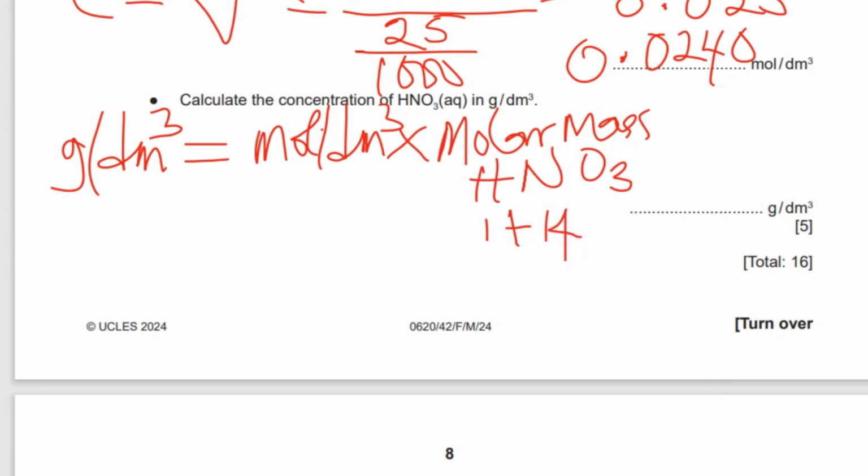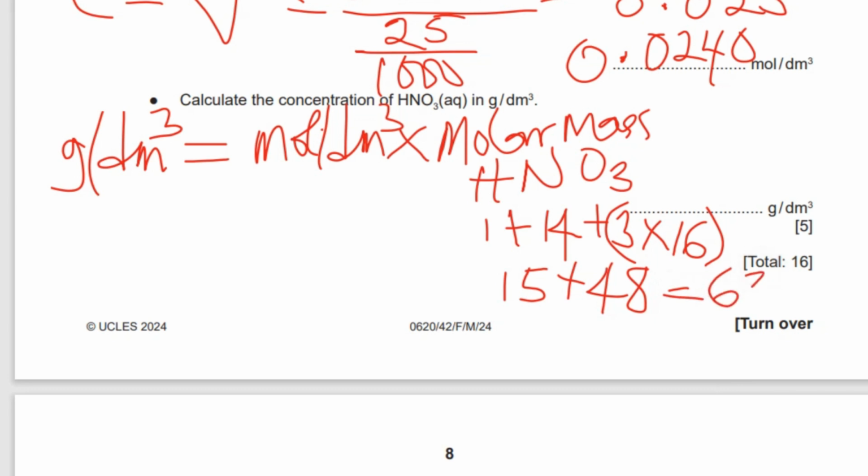So you have 1 plus 14 plus 3 times the Ar of oxygen, which is 16. 1 plus 14 gives you 15, plus 48, since 3 times 16 gives you 48. Adding this up, you have 63.